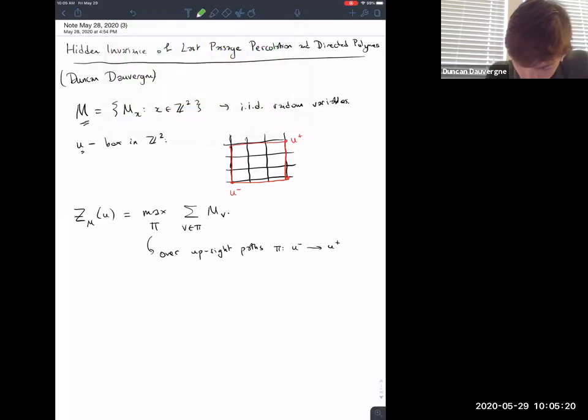So I can add a sample path to this picture. It would look maybe something like this. So this is one pi, and you just add up all of the weights along this path. Okay, so Zm of U is the last passage value across the box U.